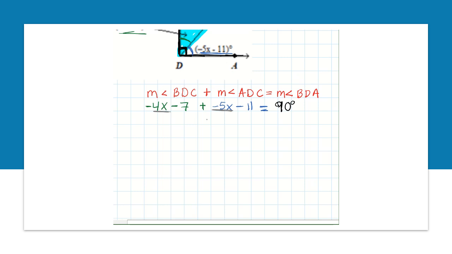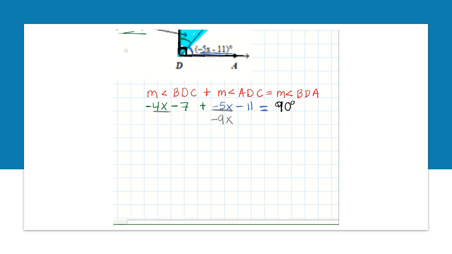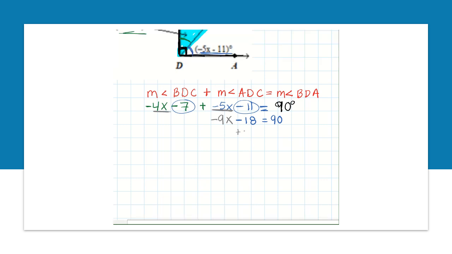So again, we're going to start solving for x. Combine our like terms, then combine our constants. And lastly, we're going to use inverse operations to solve for x. To undo subtraction, we're going to add 18 to both sides.